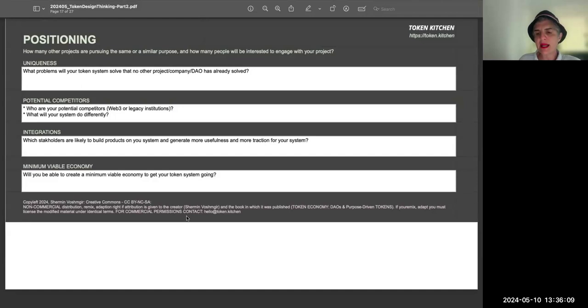If you're building an application layer token system or DAO, then you will have the privacy features of the blockchain network you're using. Are you using the Ethereum network? Which privacy features does the Ethereum network give you? Are you using the Solana network? Are you building something on the Bitcoin network?